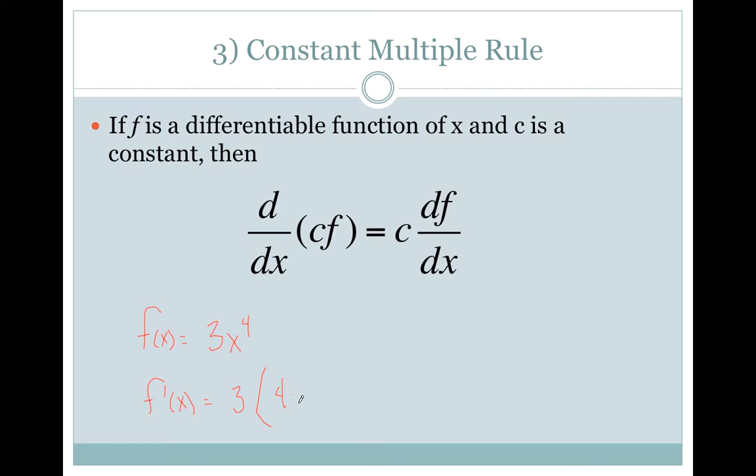Well, that's 4x to the 3rd, which becomes 12x to the 3rd power. And you start seeing how handy these properties can become because trying to do the limit definition for x to the 4th power is very tedious. Very, very tedious.